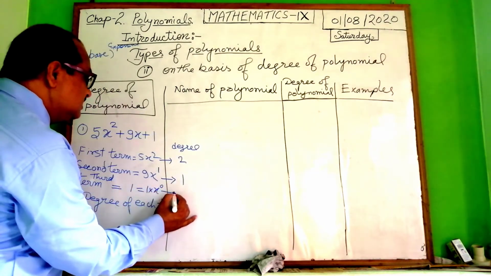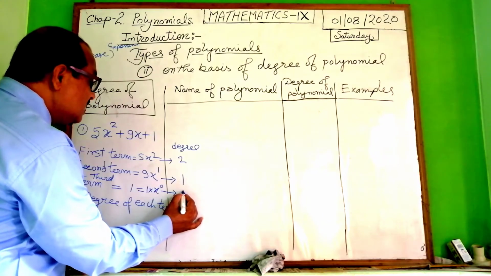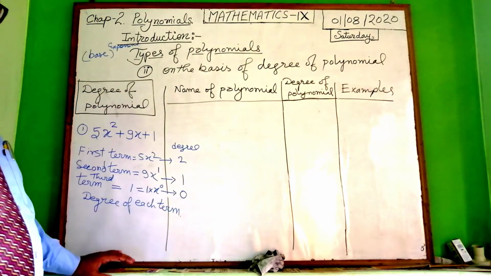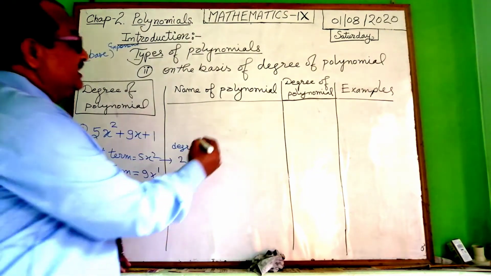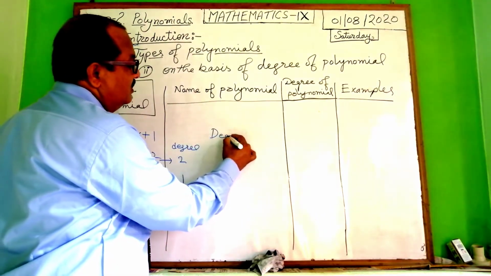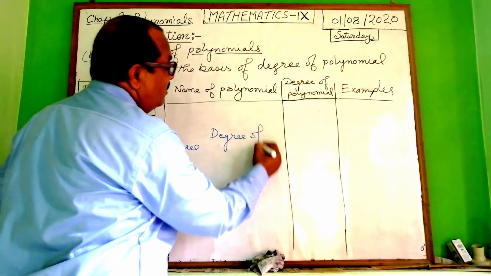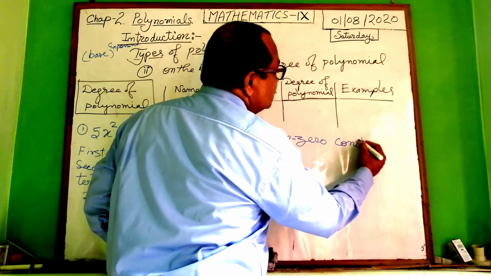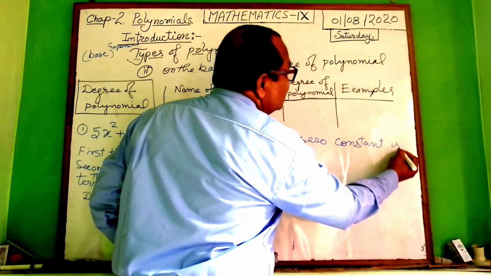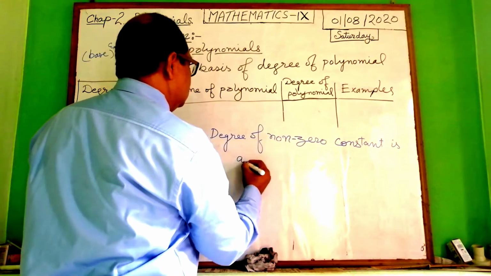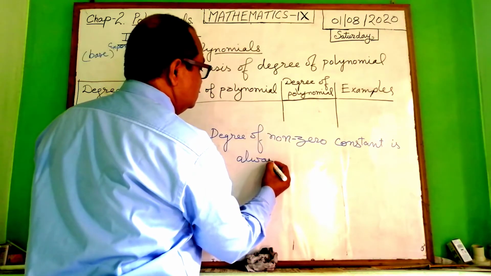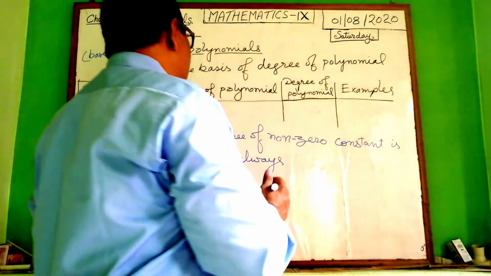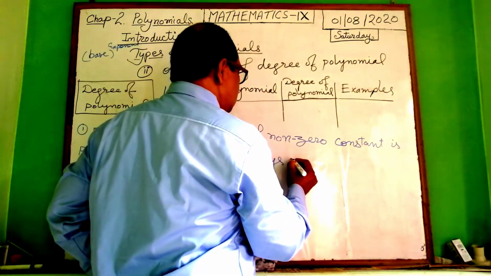It means this constant has degree 0. Students, the degree of a non-zero constant is always zero.